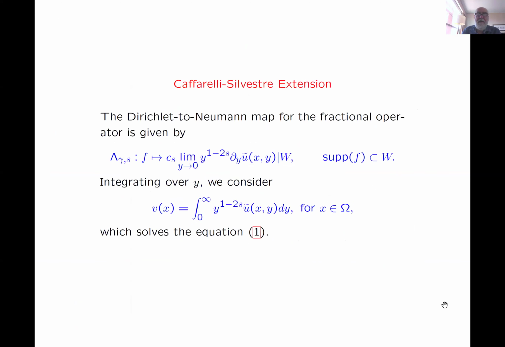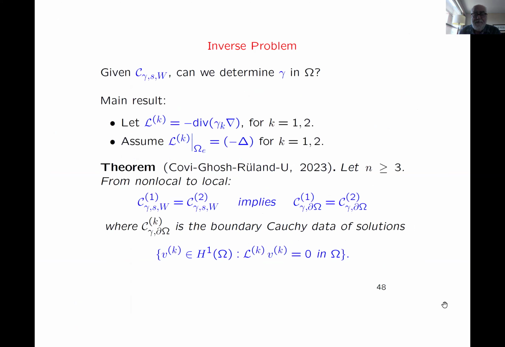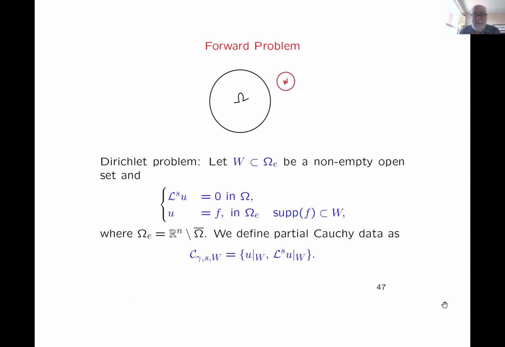So let me briefly mention, okay, so this is the case of non-local data, and consider the Cauchy data in an open subset of the exterior. It doesn't have to be the whole exterior.